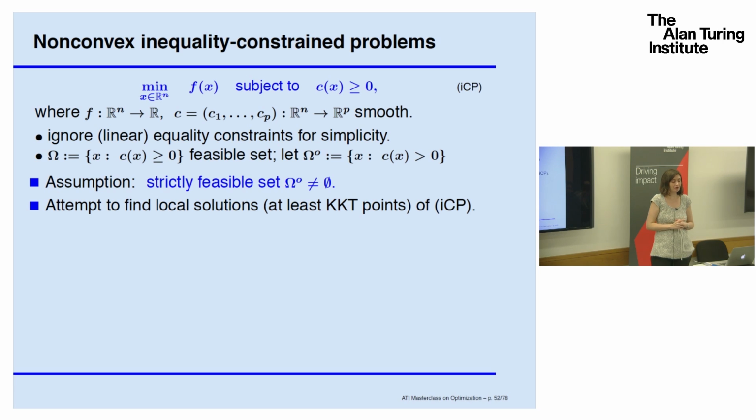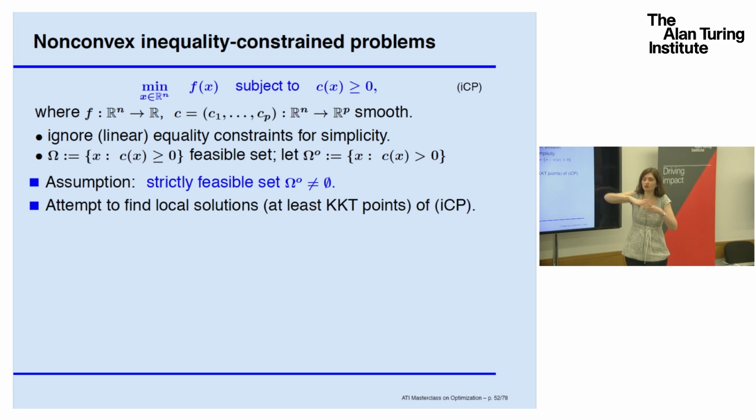The problem with inequality constraints is that they bring a combinatorial aspect to the problem. So I want you to think for a moment that you just have f of x subject to box constraints, a hypercube. Your solution is on the boundary. You want to find out which of your hypercube constraints hold as equalities.